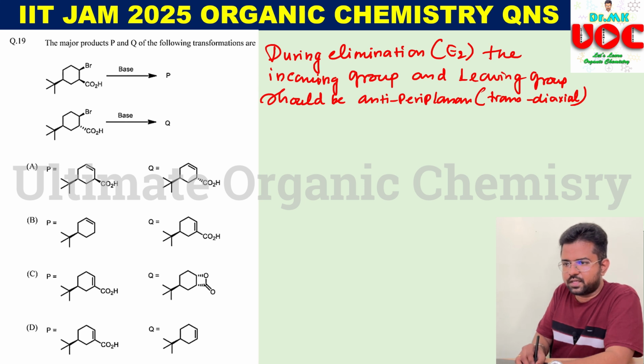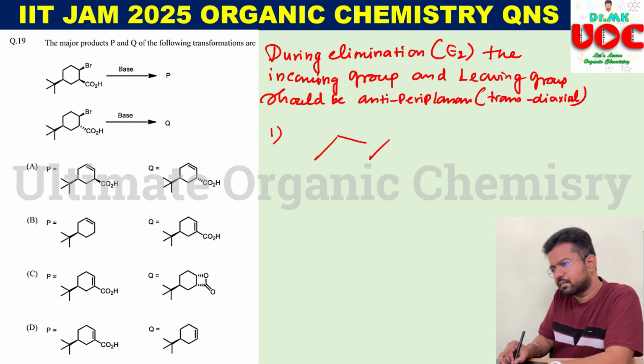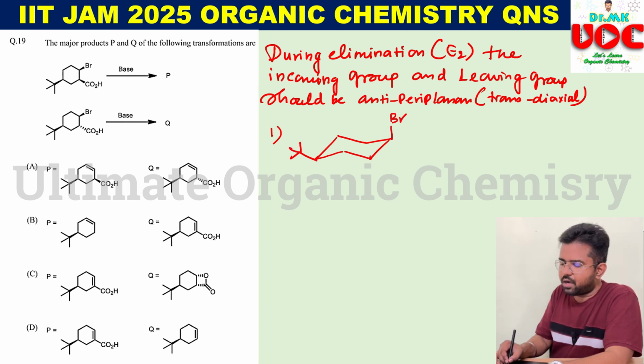So you need to draw this structure 1 into the corresponding chair form. This tertiary butyl group should be in the equatorial position. Bromine should be occupying the axial position, and this CHO group will be occupying the equatorial position.